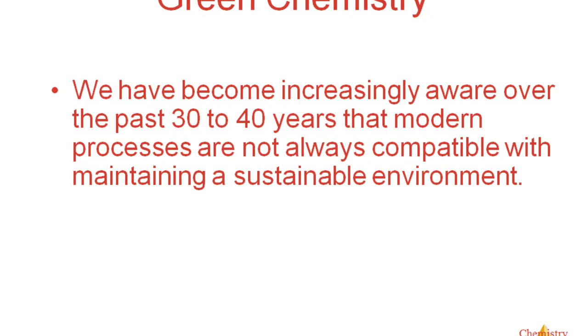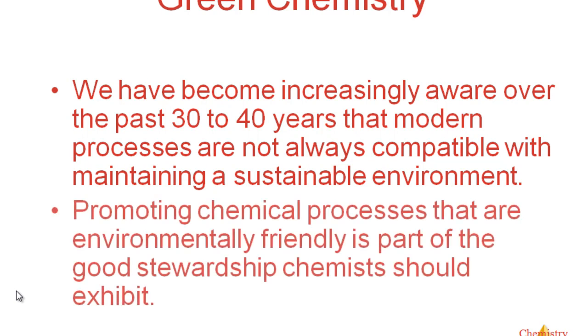With all these industrial revolutions, all these developing nations, all the developments we are doing, what are we doing to the environment? We have become aware of it. Now we want to stop ruining the environment. So when we take measures to do that, that entire area is called green chemistry, supporting the environment.